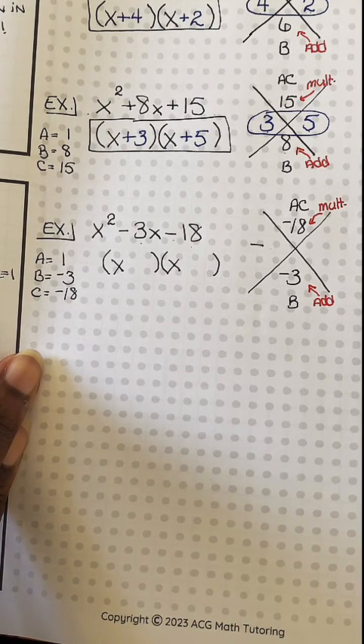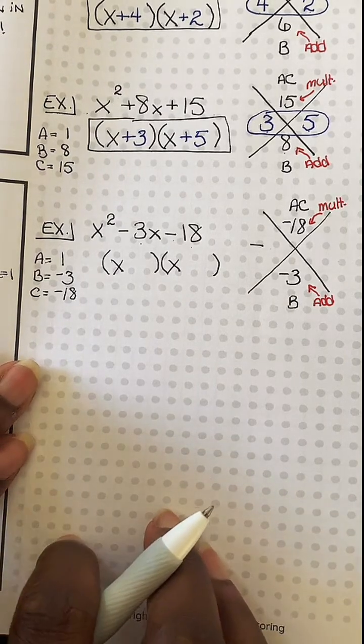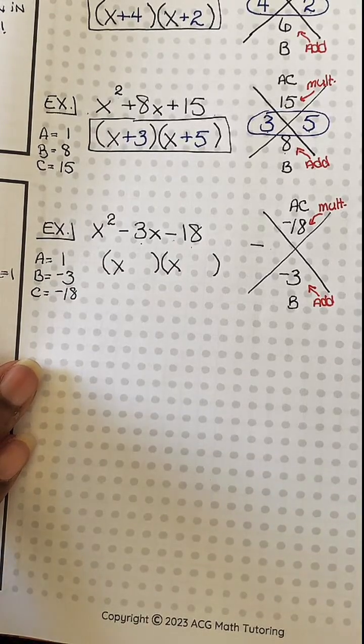All right, okay. So now let's think of multiplication. What two numbers multiplied together will give me a negative 18? Okay, negative 6 and 3, negative 6 and 3, negative 6 and 3. Remember, we said the larger number is going to be negative.